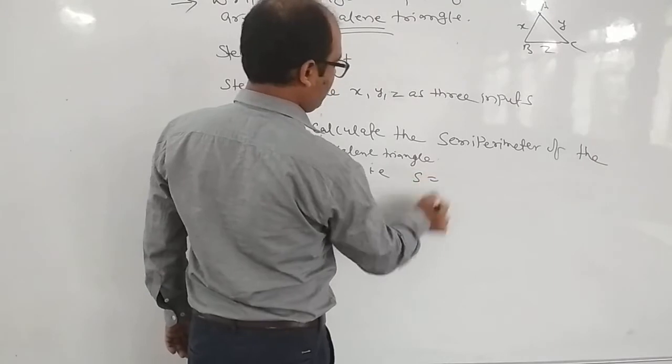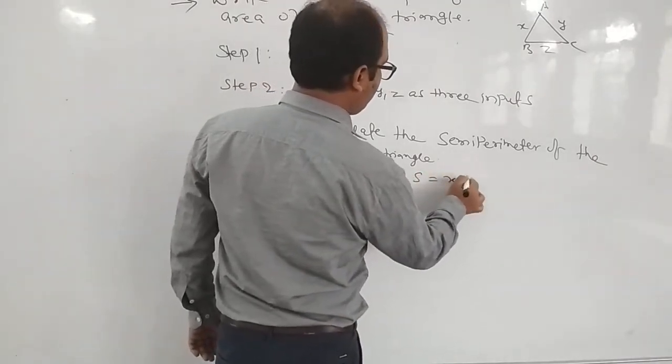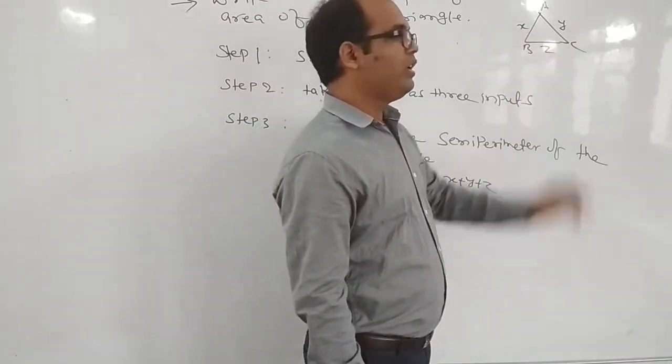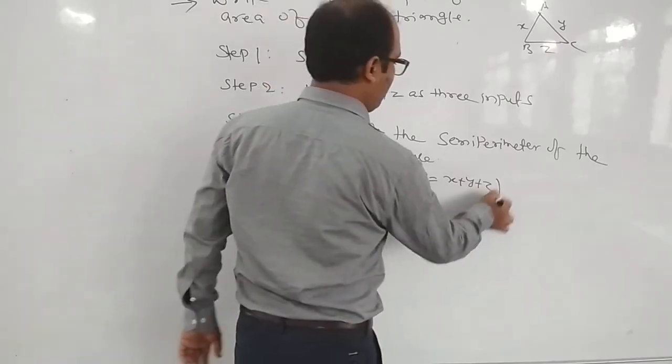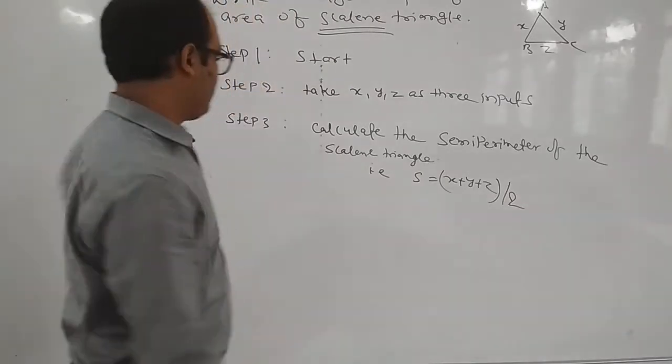You can take it as S. What is the perimeter of this triangle? x, y, z. So the semi-perimeter S is equal to x plus y plus z divided by 2. Now this is the semi-perimeter.